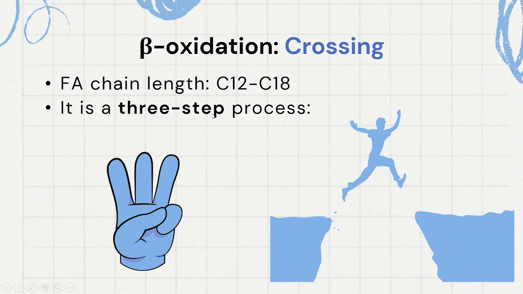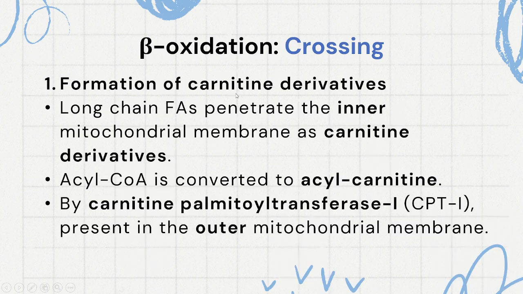Crossing for the chain length that is 12 to 18 carbon atoms is a 3-step process. In the first step, there is formation of what we call carnitine derivatives.